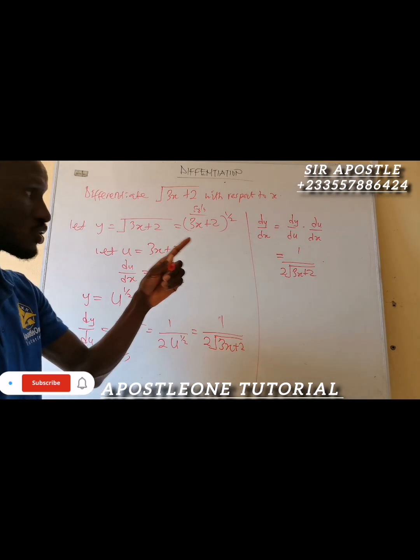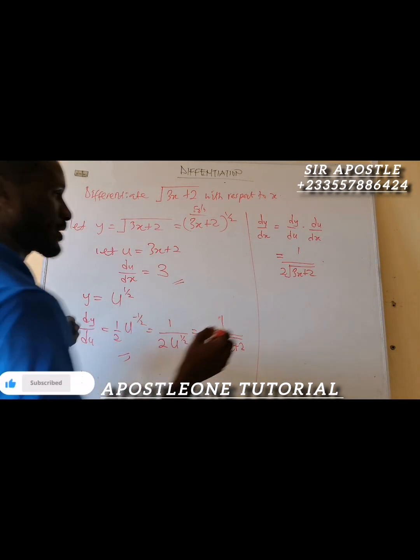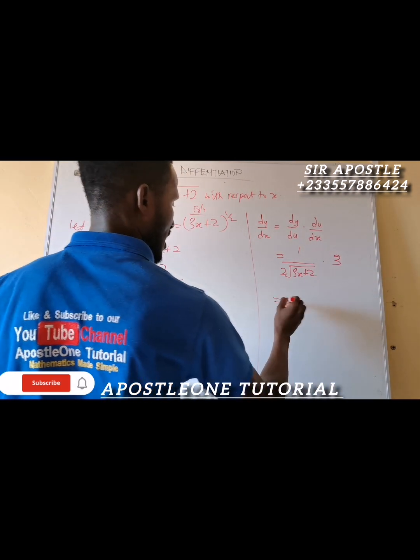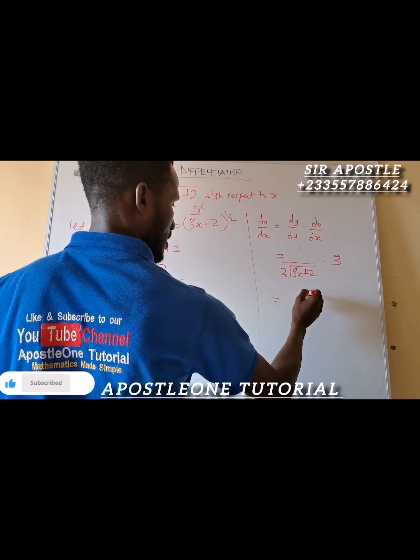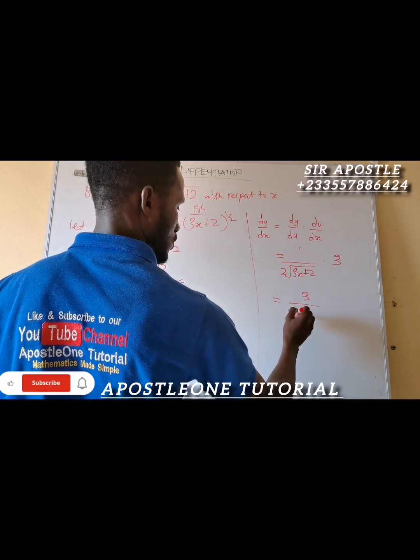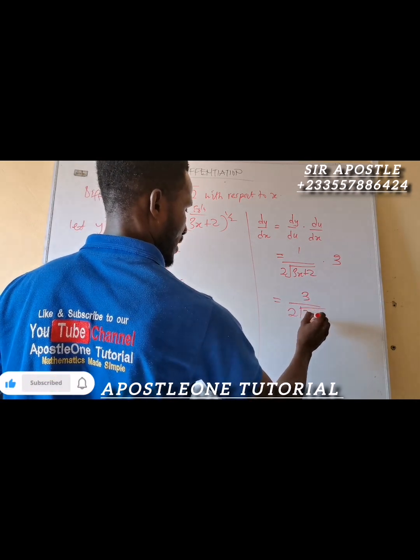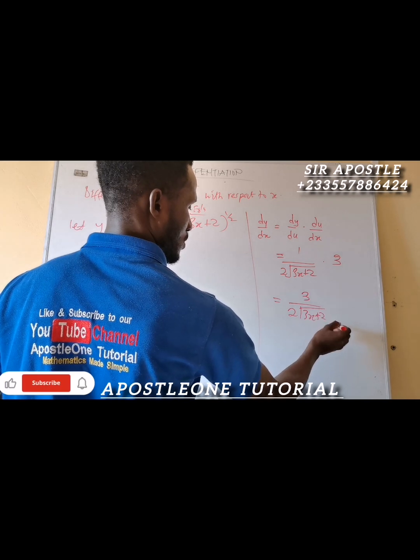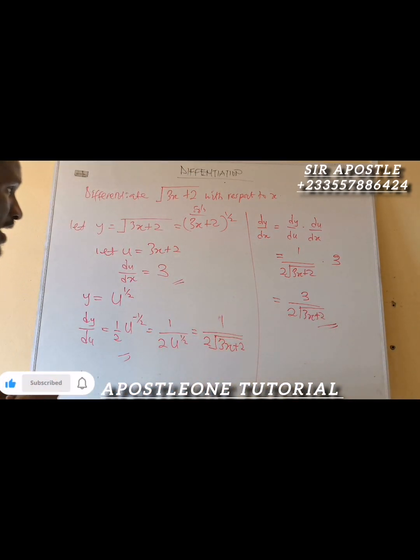Multiplying by du over dx, which is 3, the whole thing will give us 3 over 2 root of 3x plus 2. So this is the answer.